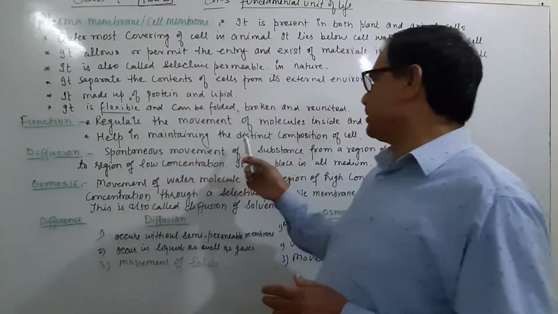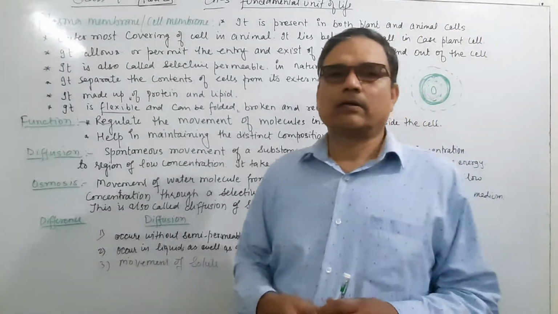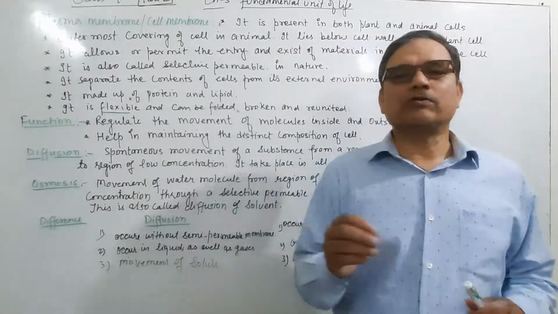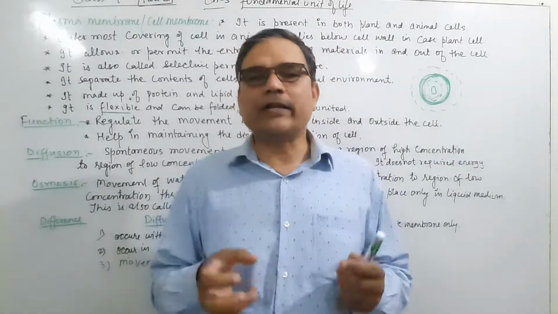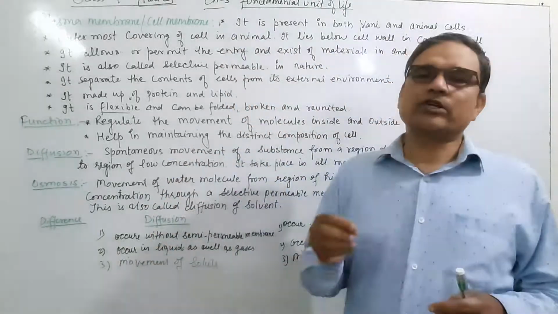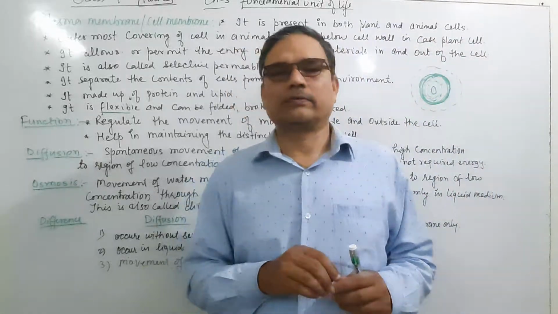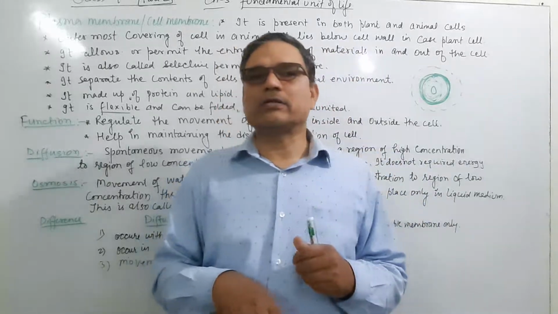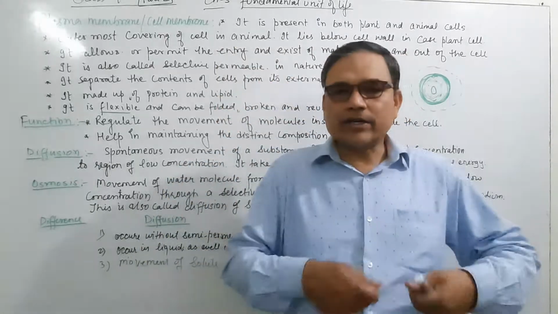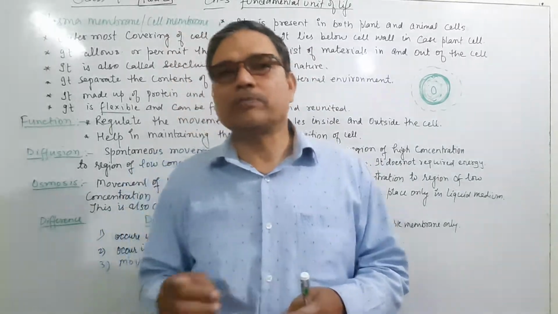Second, it helps in maintaining the distinct composition of the cell, the substances present inside the cell which are needed by the cell. Same as the example I told you, skin allows the substances needed inside but excretes waste material, like sweat. This is only due to the plasma membrane.